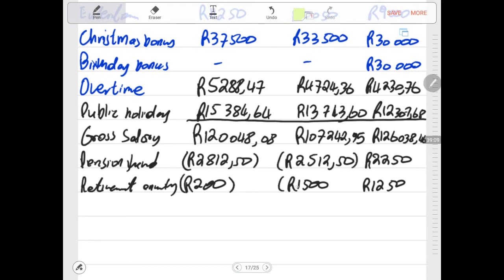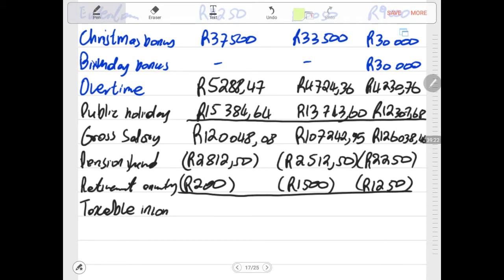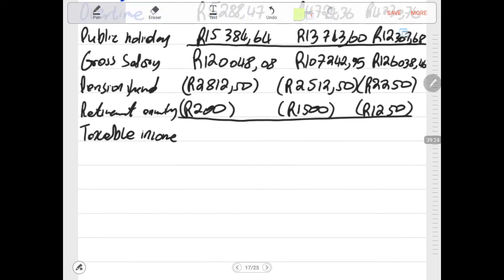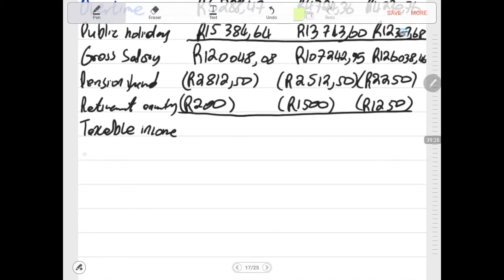When we deduct them, what do we get to? We get to what we call taxable income. After taxable income, we get to what we call deductions.